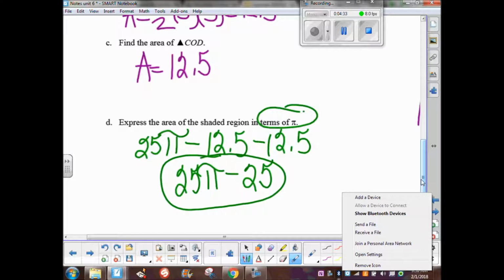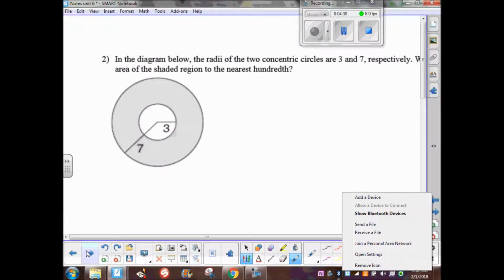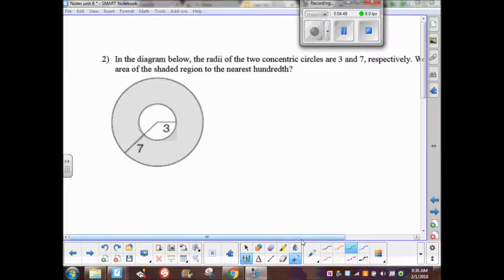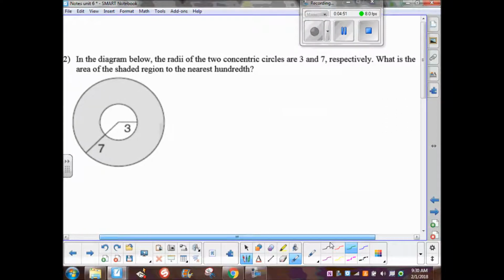Okay? All right, go ahead, flip it. So what shapes do we have in number 2? Circles, right? So radii is just the plural of radius, because we have 2 of those.